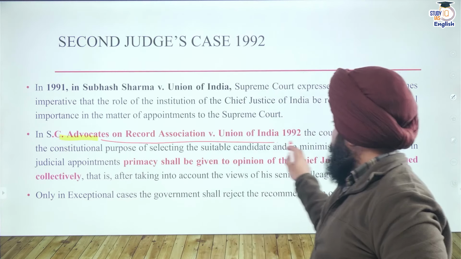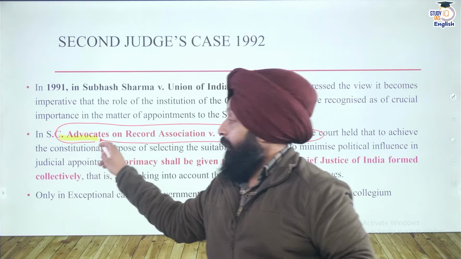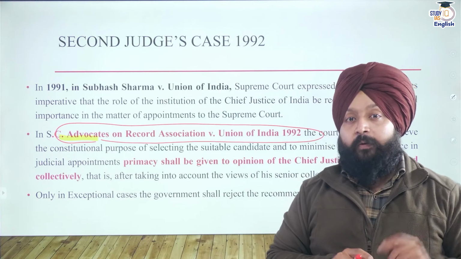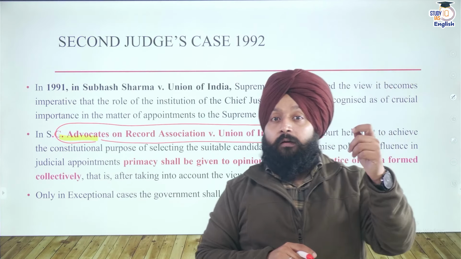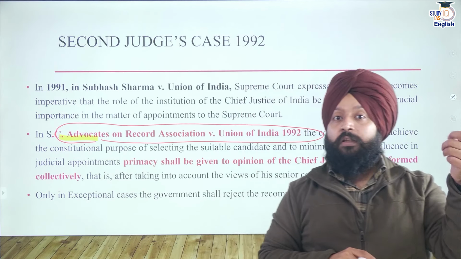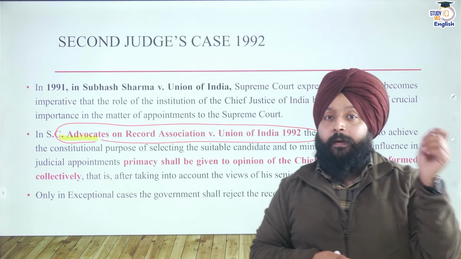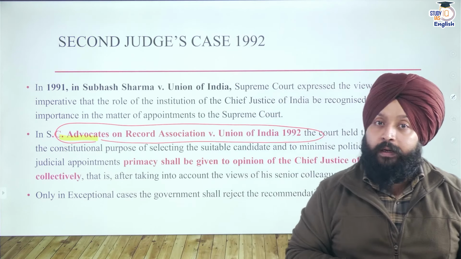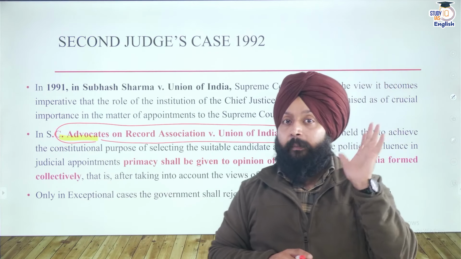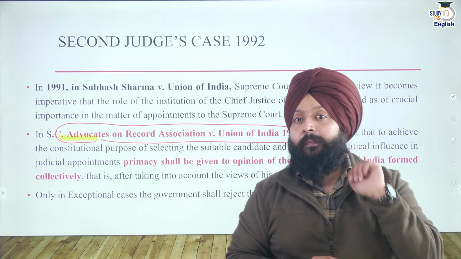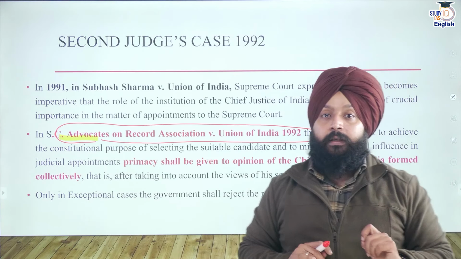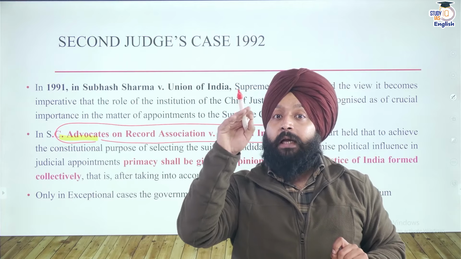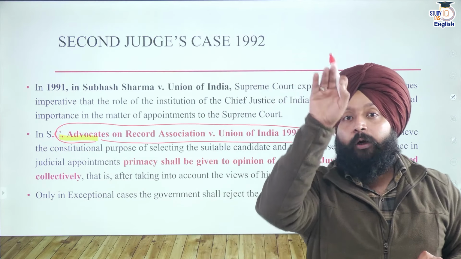versus Union of India. Now in this case, the Supreme Court categorically stated that we understand the independence of the judiciary is quite important. Without an independent judiciary, democracy won't sustain for long in this country. So that's why it is important that the judiciary shall be independent. And to ensure the independence of the judiciary, it is important that the government shall have a minimal role to play in the appointment of judges.